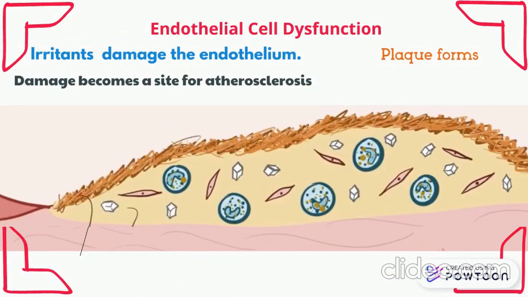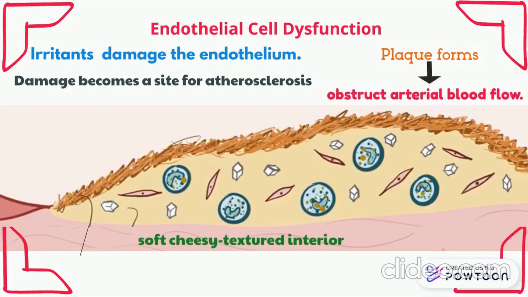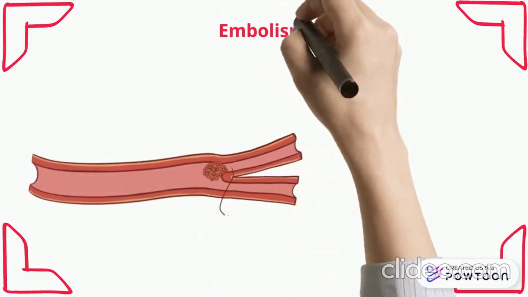This is when a buildup of fat, cholesterol, proteins, calcium, and immune cells forms and starts to obstruct arterial blood flow. This plaque has two parts to it: the soft, cheesy textured interior and the hard outer shell, which is called the fibrous cap.